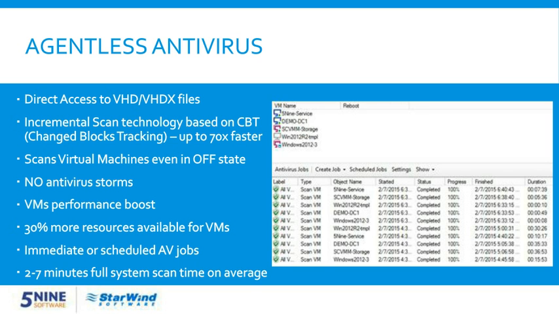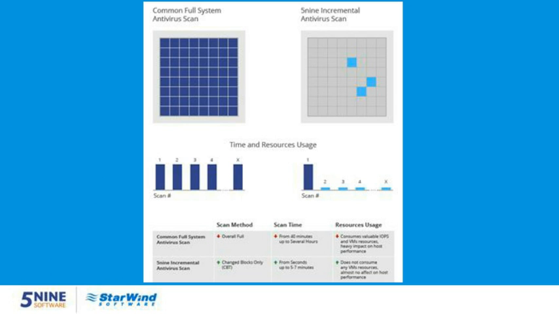Just a few words about change block tracking here. This graph perfectly shows what exactly it does, and this also addresses Max's question. Whenever you use a legacy antivirus and a common full system antivirus scan, you have to scan all the blocks over and over again. You can see that on the graph.